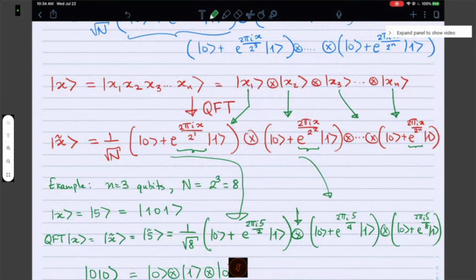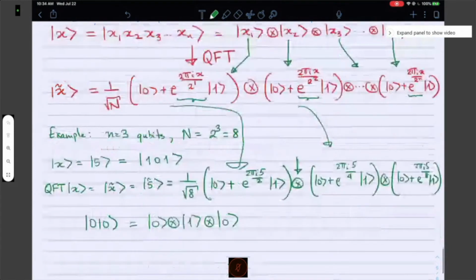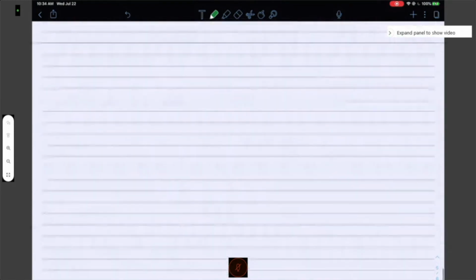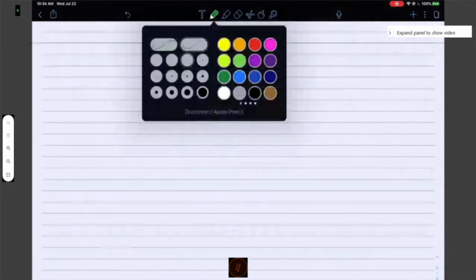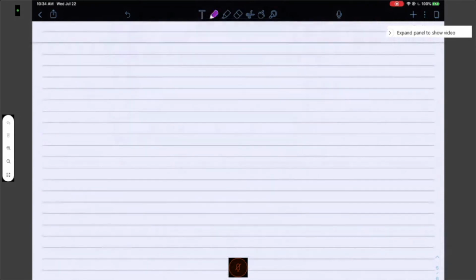Okay. So let's talk about the quantum circuit. It's very nice that there's a page break here because I can start a fresh new page and write down the quantum circuit that implements QFT.